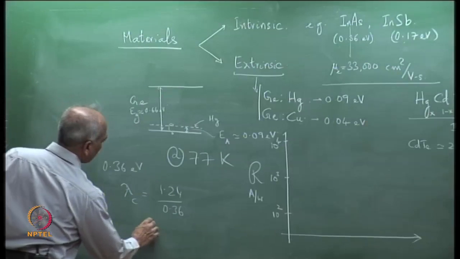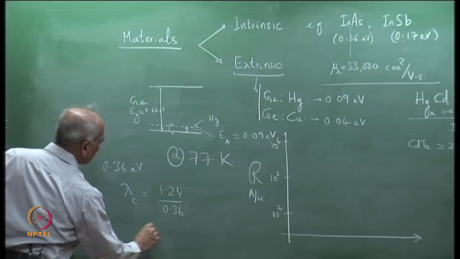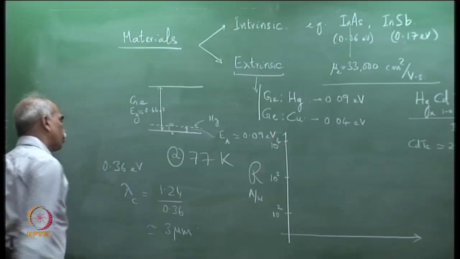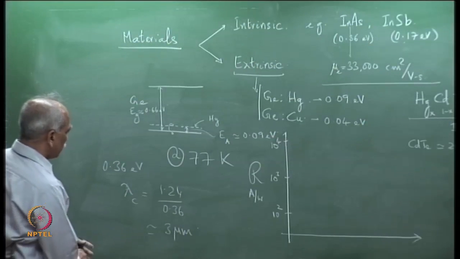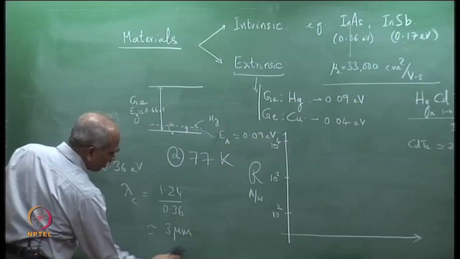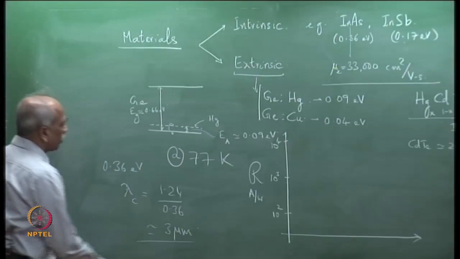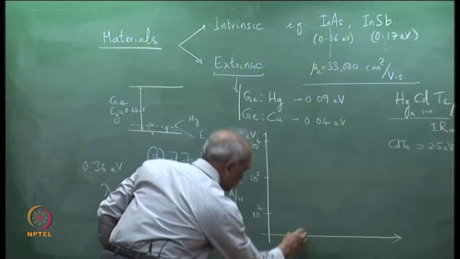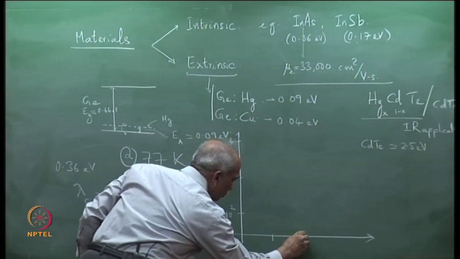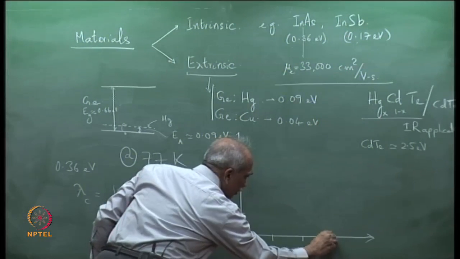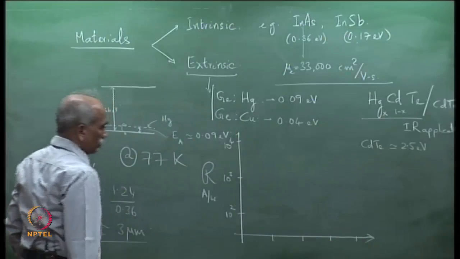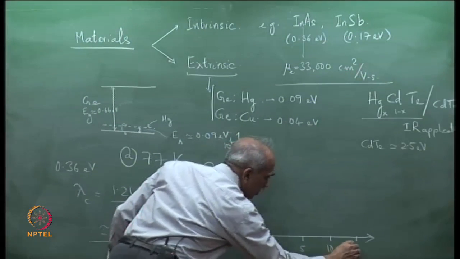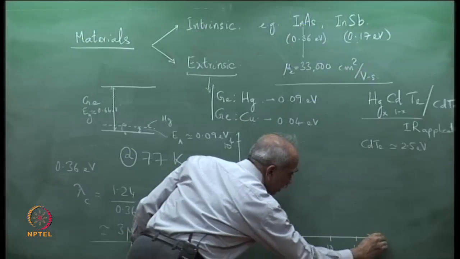Approximately 3 micrometers. So, lambda cutoff is approximately 3 micrometers, and similarly for this one it will be about, so let me plot, 2, 5, 10, 15. This is lambda in micrometers.